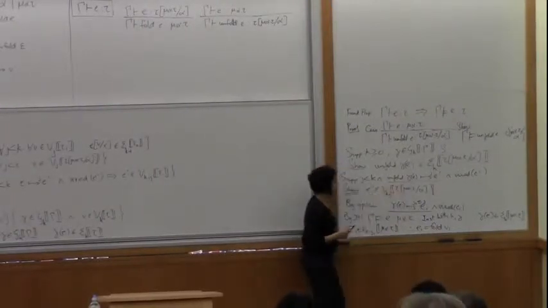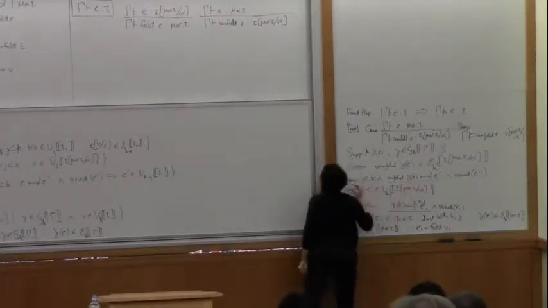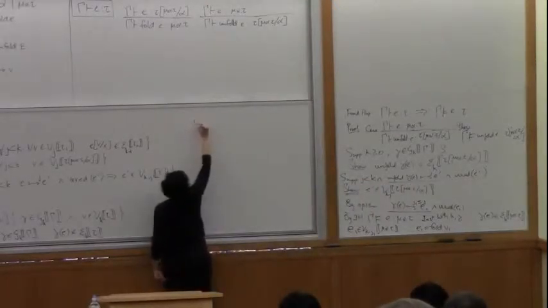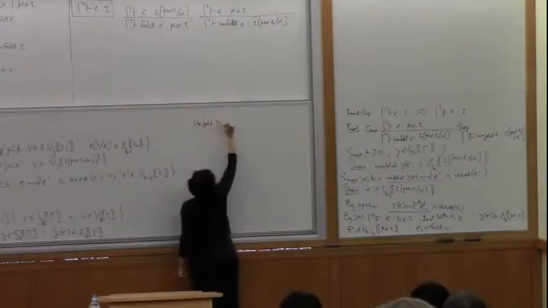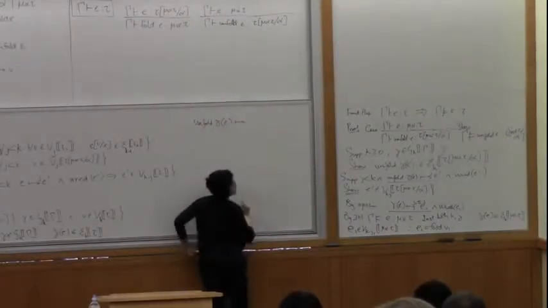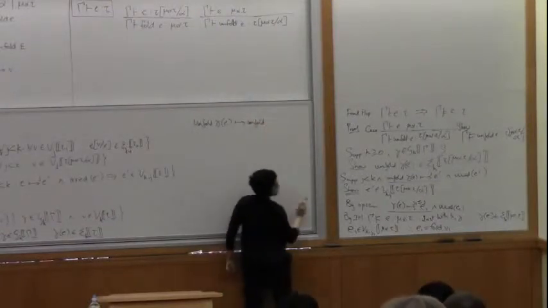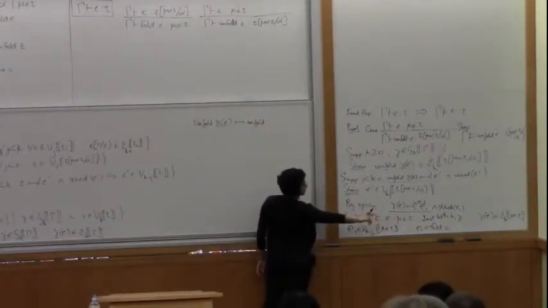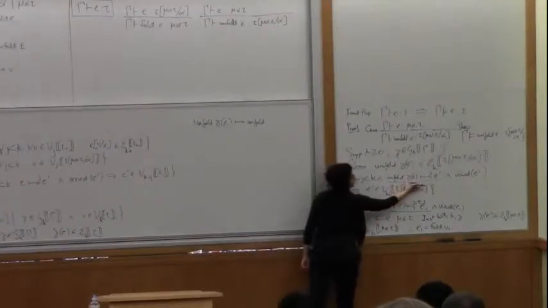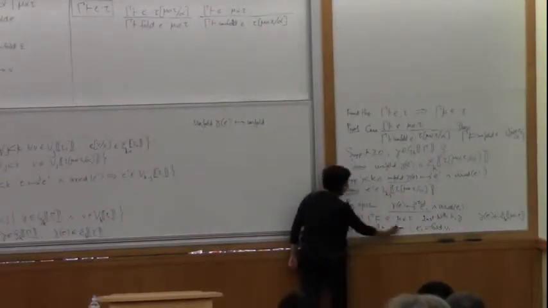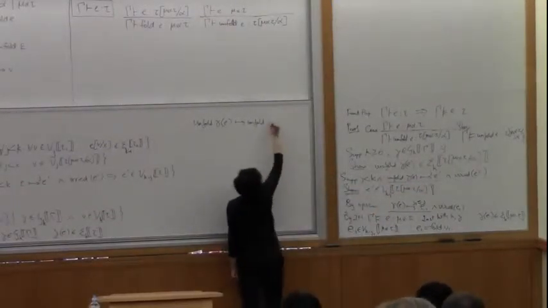So now we know that unfold gamma E stepped to unfold of E1, because gamma E evaluated to E1, and we know that E1 is actually fold V1.